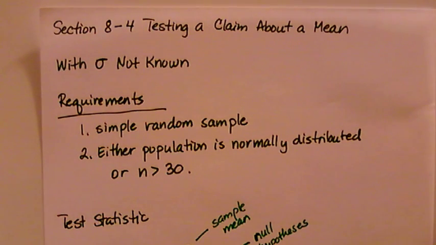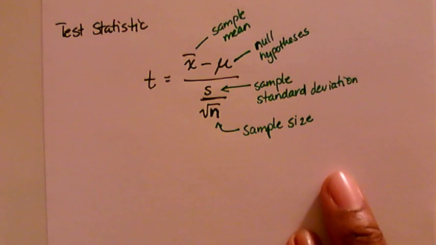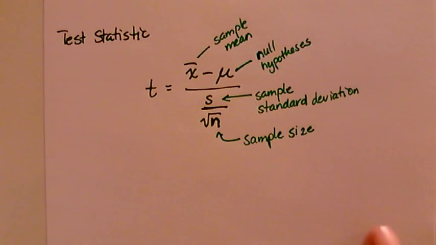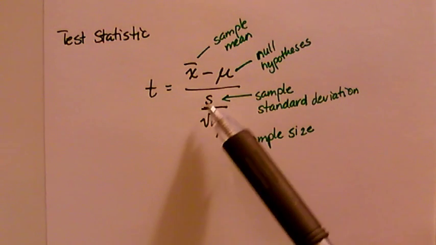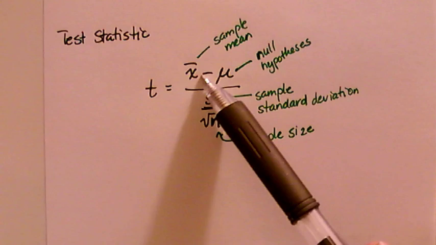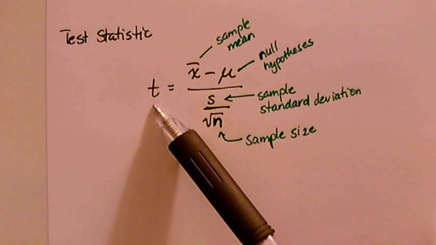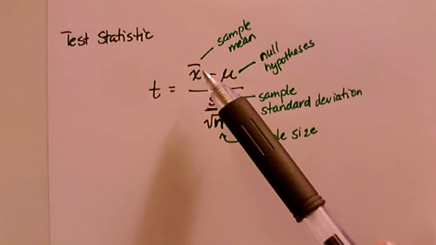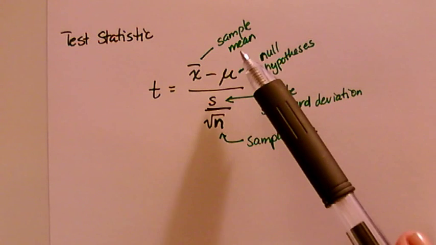use the test statistic. And this is what the test statistic is. You got t is equal to x bar minus mu divided by s over the square root of n. In this case, this is going to be your t test statistic, which is t. X bar is your sample mean.